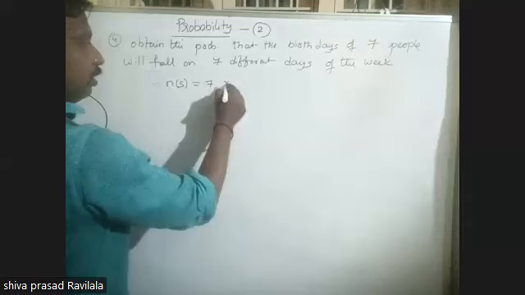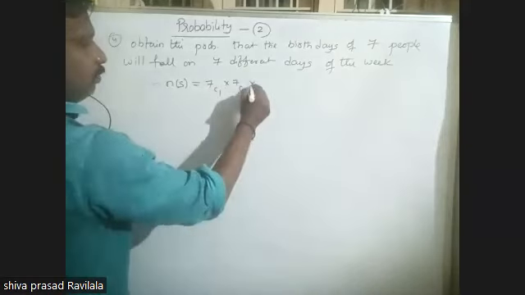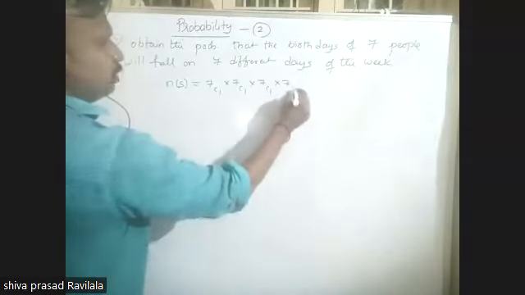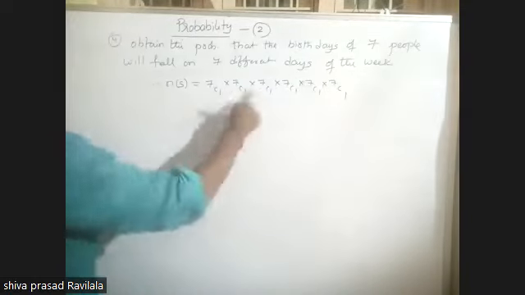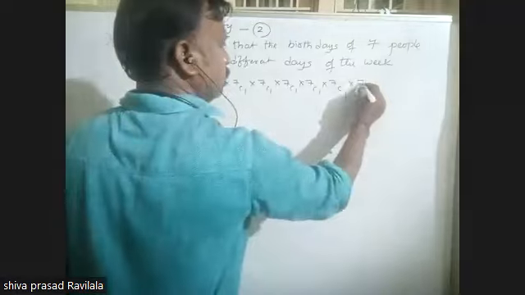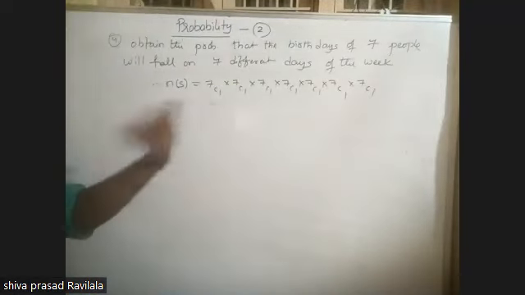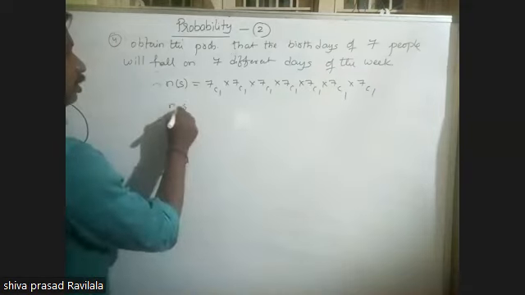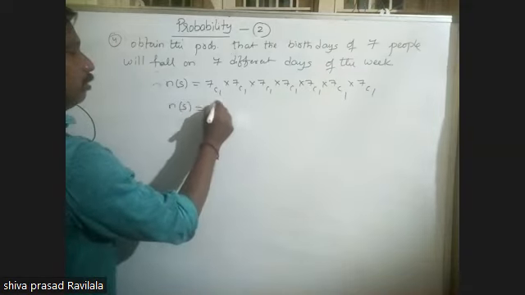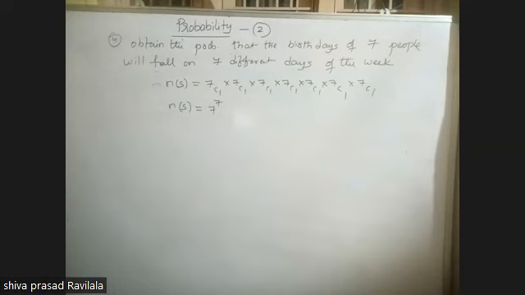Similarly for everyone: 7C1 into 7C1 into 7C1 up to 7 times. 7C1 is equal to 7. Therefore, n of S is equal to 7 power 7.